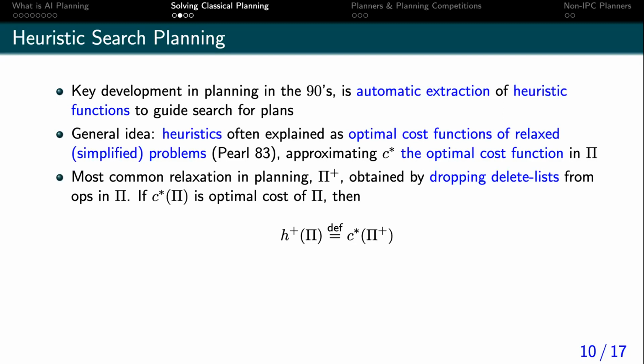The simplest such relaxation can be obtained by simply dropping the delete effects of the actions. Then, the cost of optimally solving the delete-free task is an approximation of the cost of optimally solving the original task.